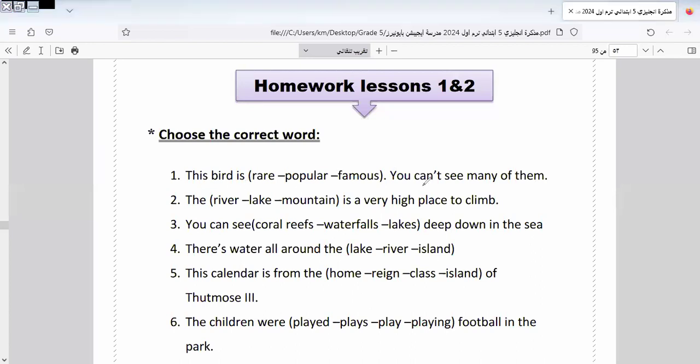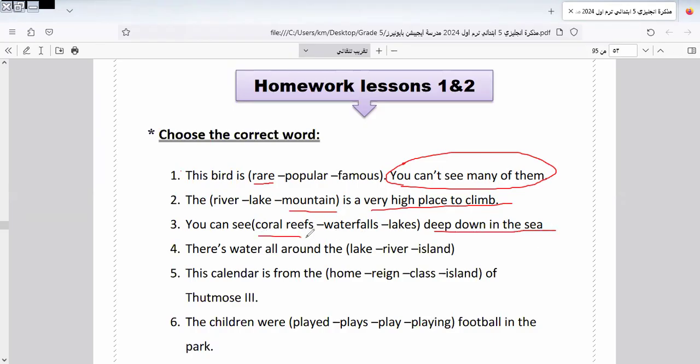This is a bird. You can't see many of them. So it means something special, I can't see it as usual. So it would be what? Rare. A very high place to climb: the mountain. You can see coral reefs deep down in the sea.